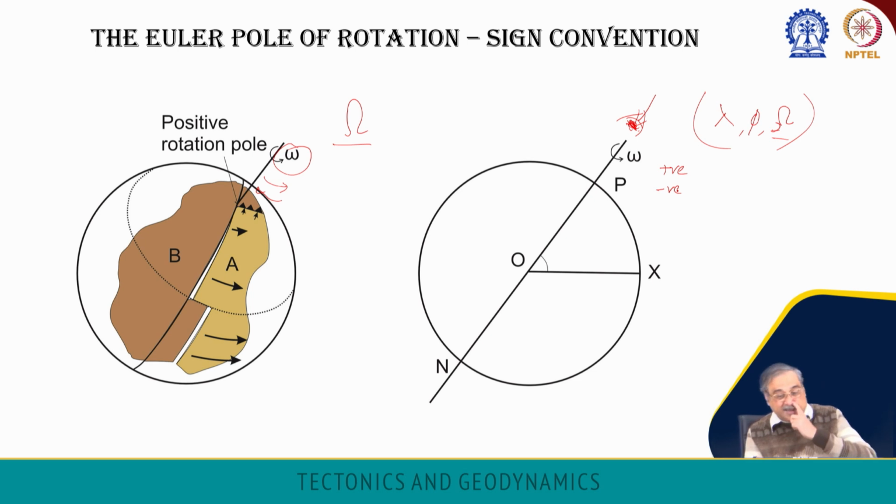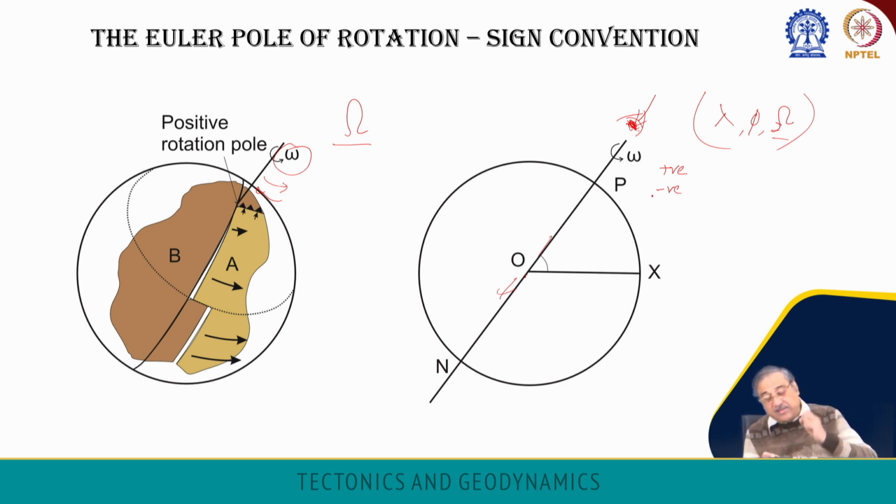So this is the standard sign convention that we will be following, the positive and negative notations when we are looking from outside the Earth. Obviously, it means that if you were looking from the center of the Earth outwards this way or outwards this way, a clockwise motion when viewed from the center of the Earth would be positive. An anti-clockwise motion when viewed from the center of the Earth would be negative.